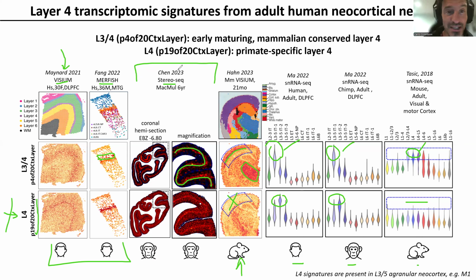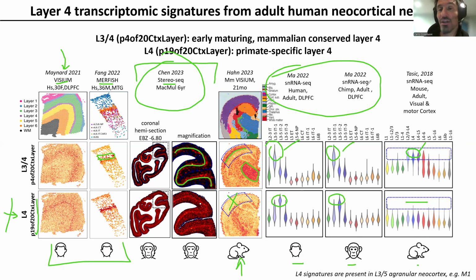These two studies, this one here and this one, actually noted in those publications a layer 4 primate-specific signature. And we looked at the genes they had identified in that signature, and we have here identified the same one. They did not realize that they had mutually discovered that same thing, but it's very reproducible, and it's interesting in that it is primate specific.